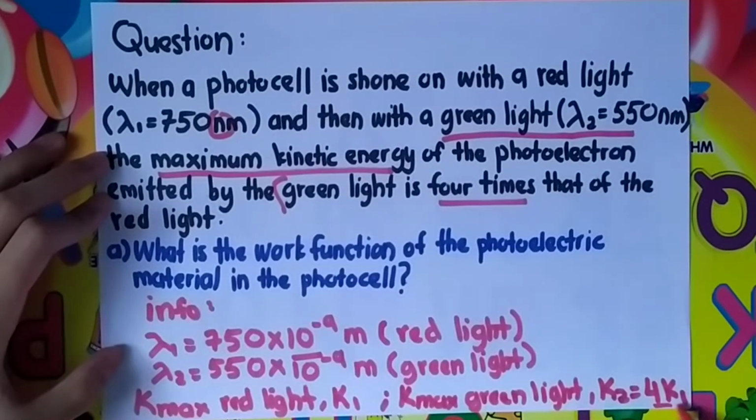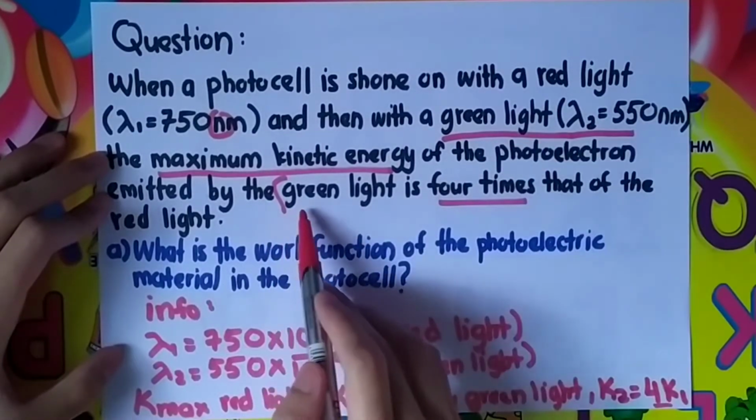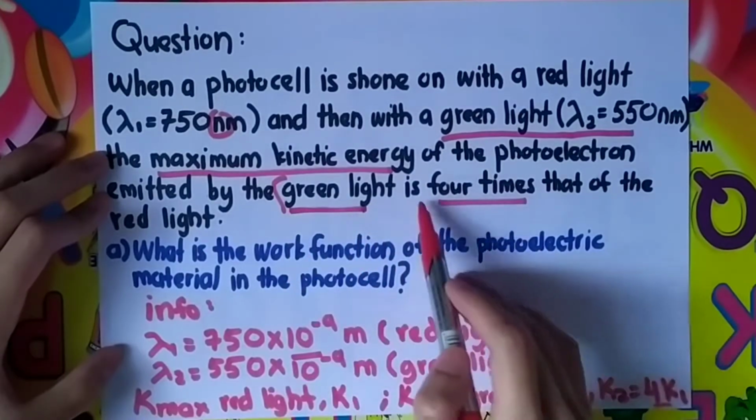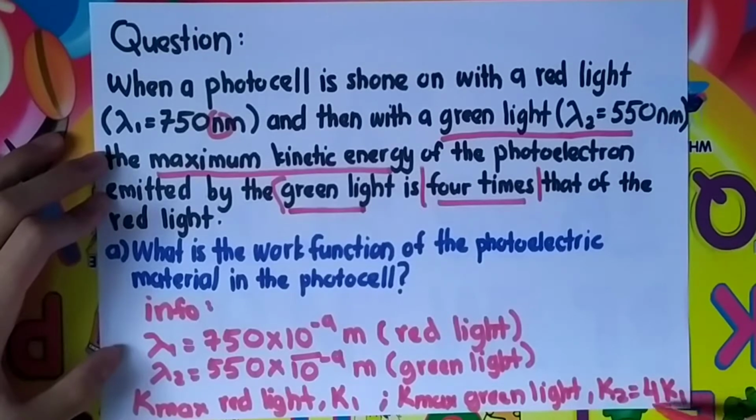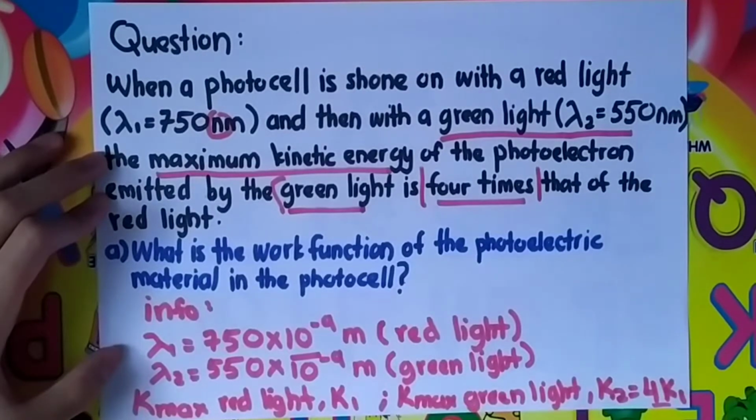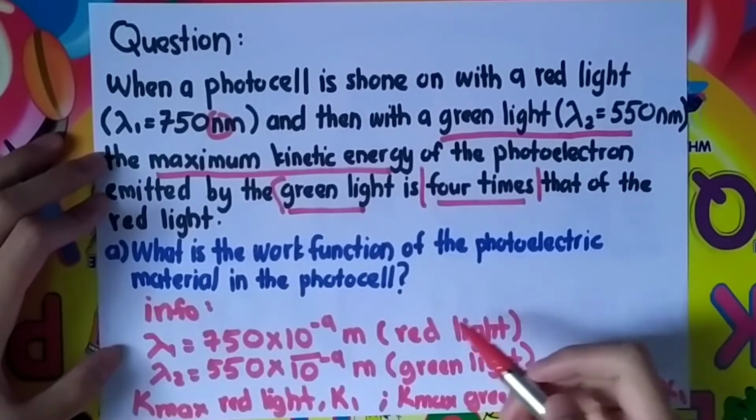Why 4K1? Because the question stated the green light is 4 times that of the red light, so we must multiply Kmax of red light by 4. So these are our information.